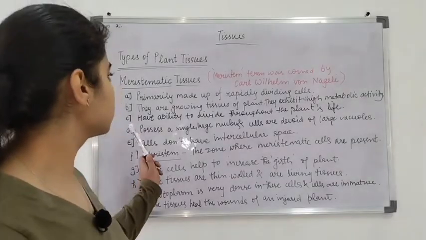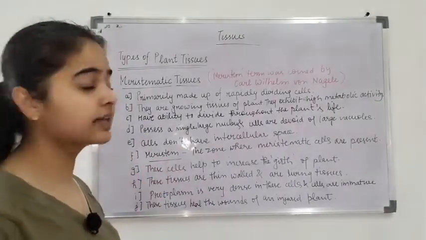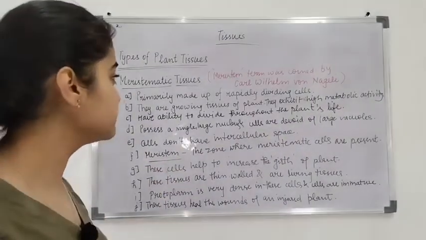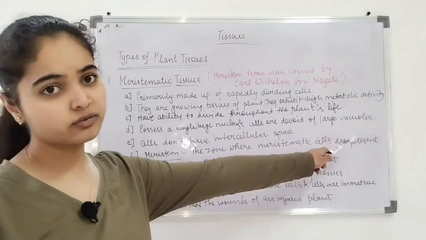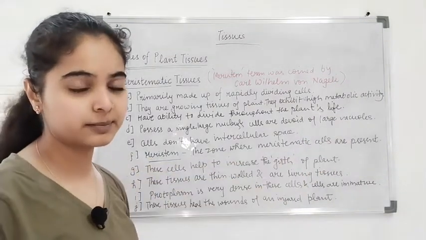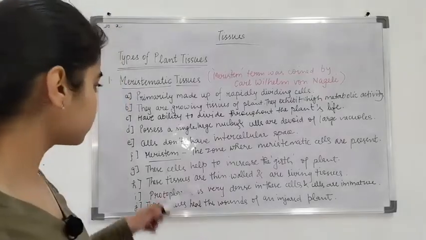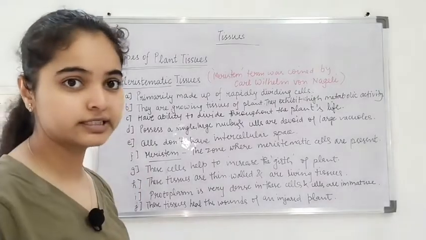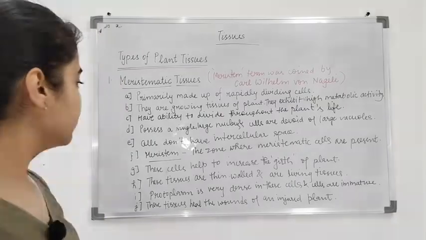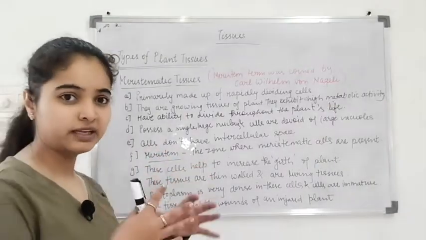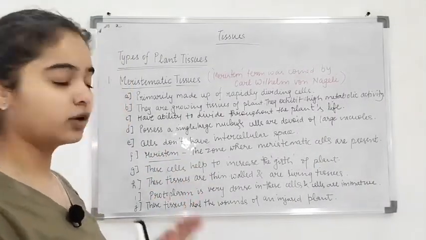The cells of these tissues possess a single large prominent nucleus, and the cells are devoid of large vacuoles. Large vacuoles are absent. If present, small vacuoles are present. These cells do not have intercellular space. The cells are combined congestedly to form this tissue.